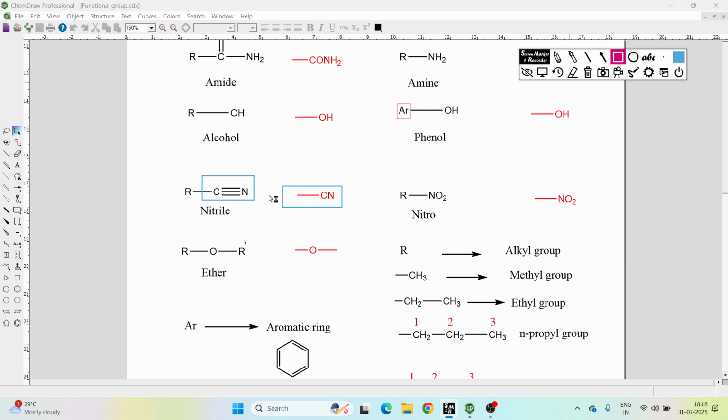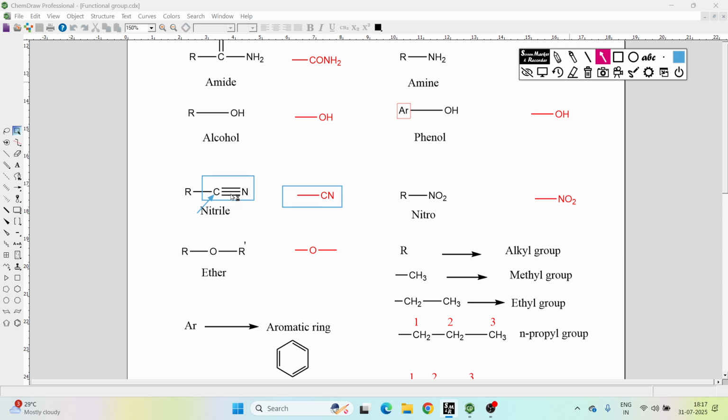Please remember, the valency of a carbon atom in any organic compound has to be 4. Can you see where the valency 4 is here? I'll show you with the arrow. I'm talking about this carbon.